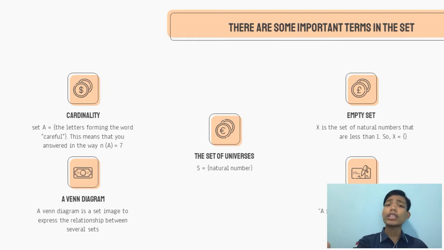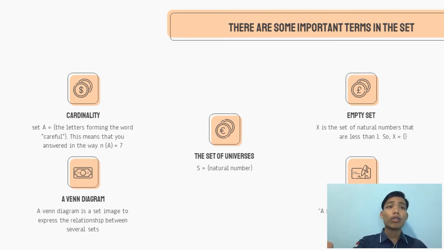Cardinality. What is cardinality? Cardinality is the number of different members of a set. Cardinality expresses the number of different members in a set using the notation n. For example, to determine the number of members of set A, you answer n(A) = 7.